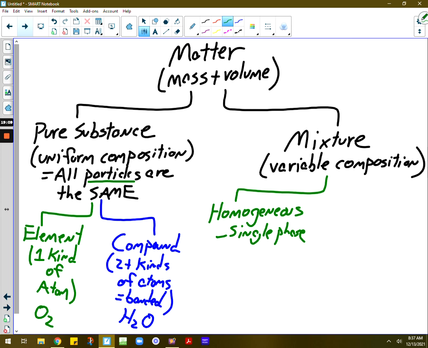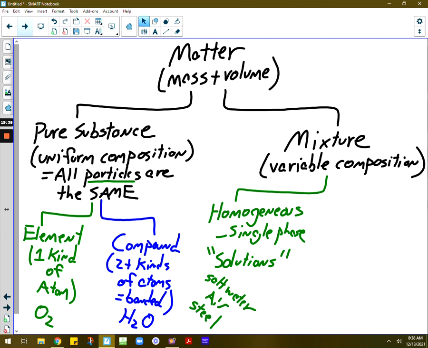They appear to be a single substance. Another name for those is solutions. Solutions can be gases, liquids, or solids. So we can have something like salt water, something like air, or something like steel.